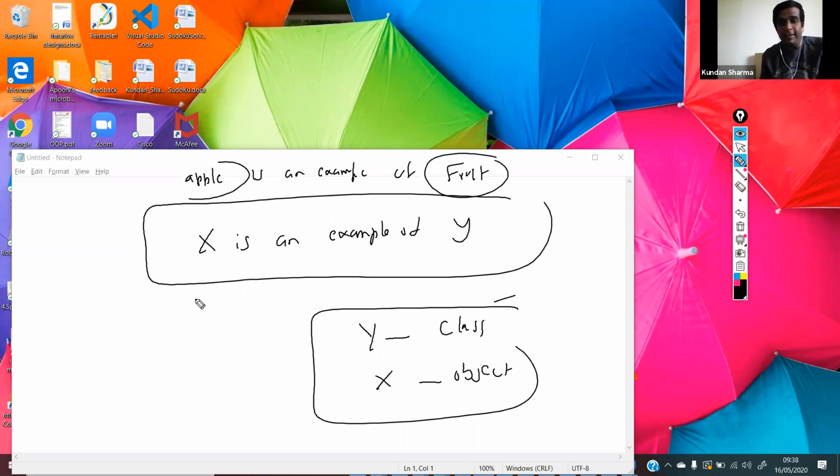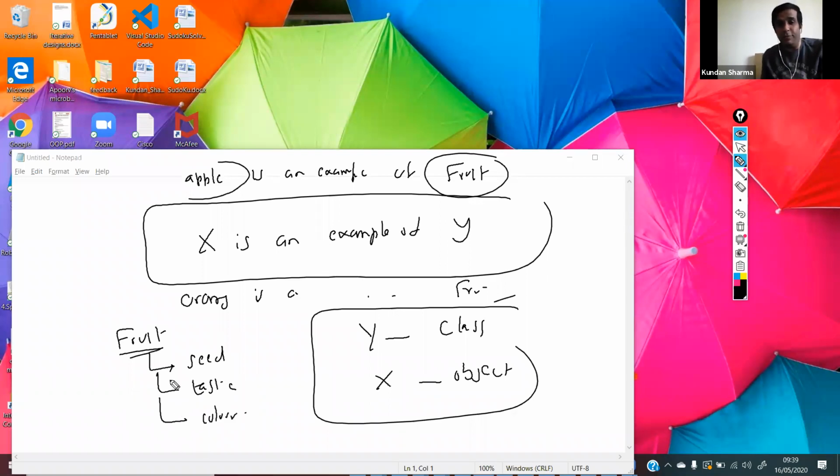If I say, let's say orange, then orange is an example of fruit. That means if I say what is a fruit, how will you describe a fruit? So fruit will have certain characteristics. For example, fruit will have a seed. Some fruits have seed, some fruits don't have seed. Fruit will have a taste, and fruit will have a color.